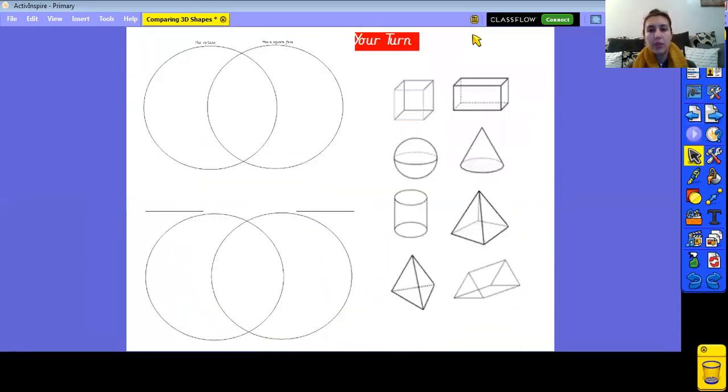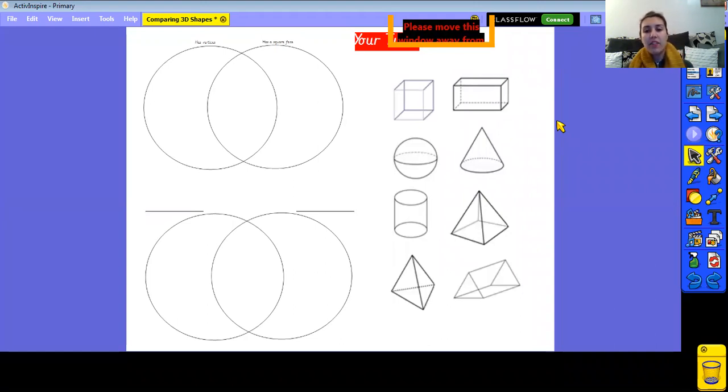So that is what you're going to do now. These sheets are available to download on the Byron Wood School website in the home learning section, or you could draw your own Venn diagrams and write the names of the shapes in the right places. There are many ways that you can do this. The sheets that you can download are interactive, which means that you can physically click on the shape and drag it there.